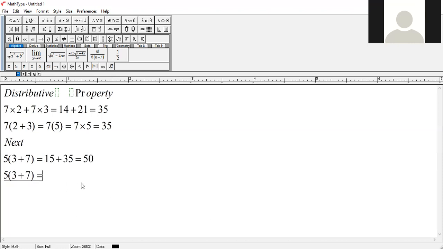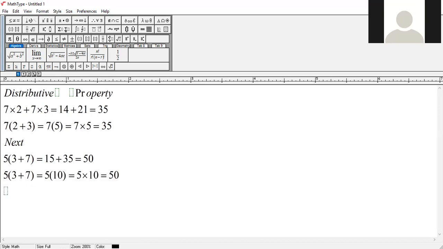Then what you're going to have is 5 for what is outside the bracket, and for what is inside the bracket, you have 10. Now, 5 with 10 inside the bracket means 5 times 10. And what do we get for 5 times 10? Well, we get 50.